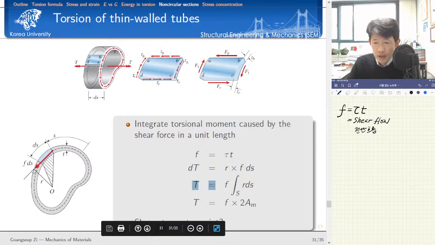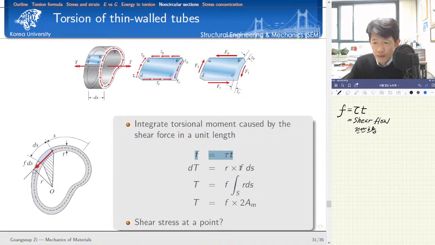Make sure the shear flow was constant, right? That's why we can take the shear flow out in front of the integration, and the integration becomes very simple. We need to integrate the radius times ds over the entire perimeter.